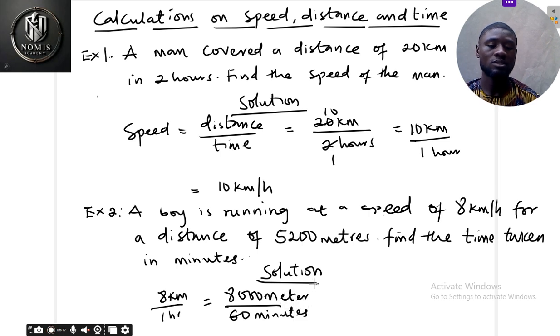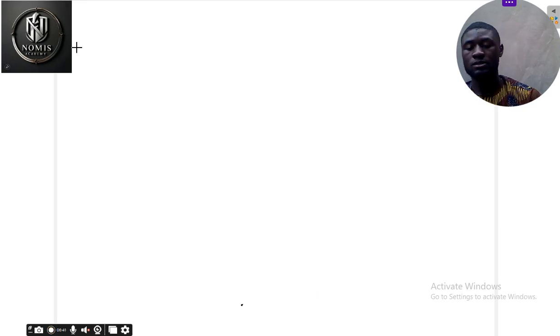So you can see that the kilometer has been converted to meter, and the time has been converted to minutes, meaning that the boy who covered 8 kilometers in 1 hour is covering 8000 meters in 60 minutes. So let's initiate our formula. The formula says speed is equal to distance over time.